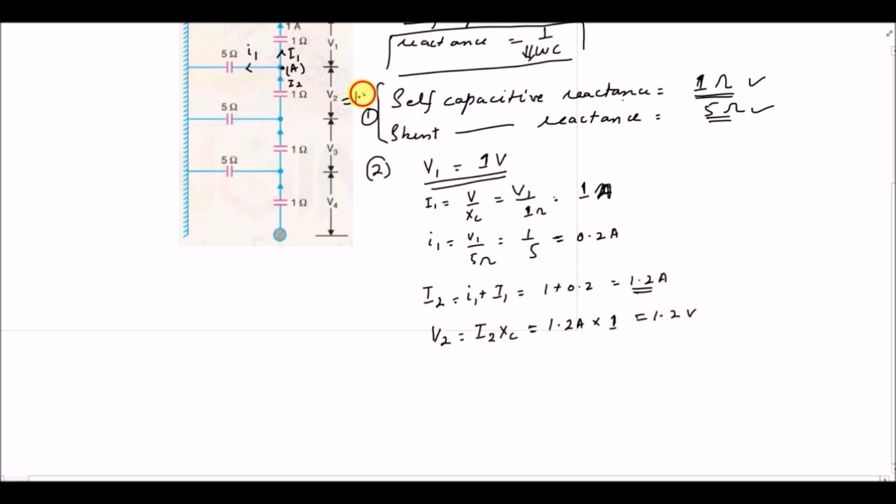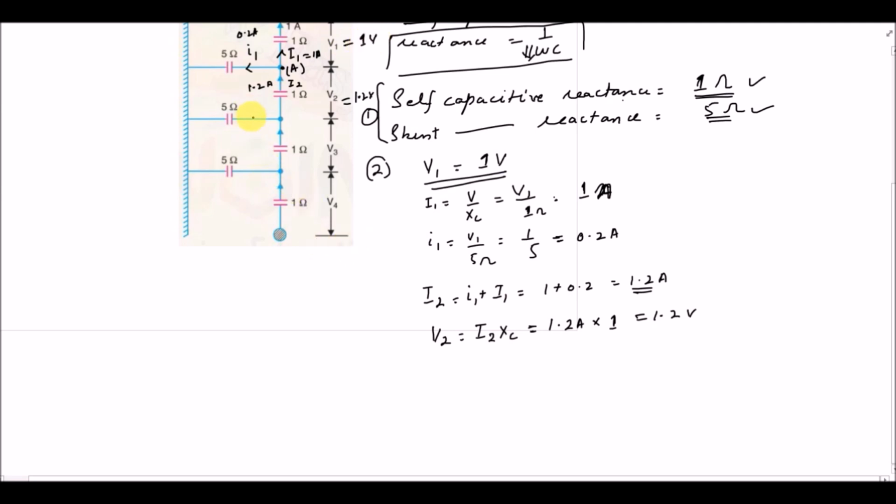Till this point we have found the current capital I1, which is equal to 1 ampere, and small i1, that is 0.2 ampere. Then capital I2 is 1.2 ampere, and from here I have calculated the voltage V2, 1.2 volt, and we assumed V1 is equal to 1 volt.